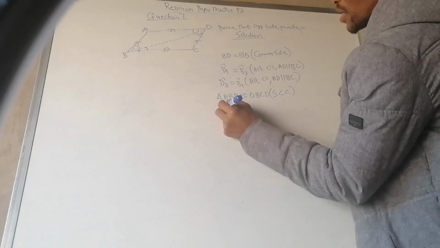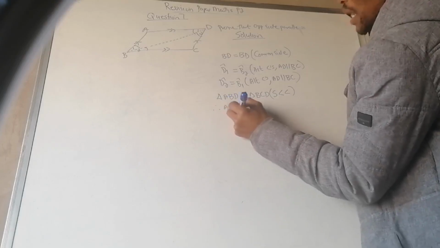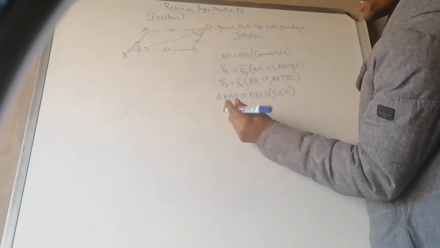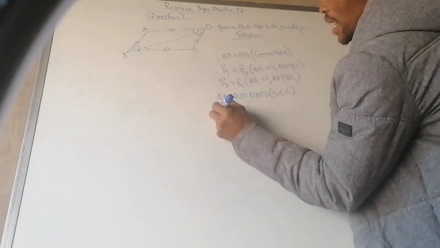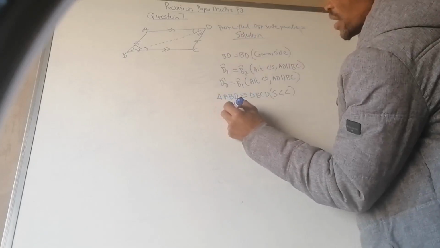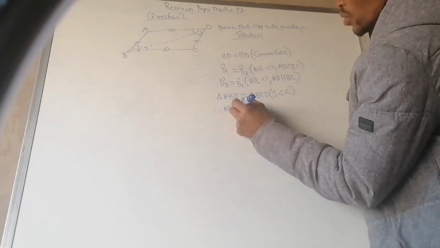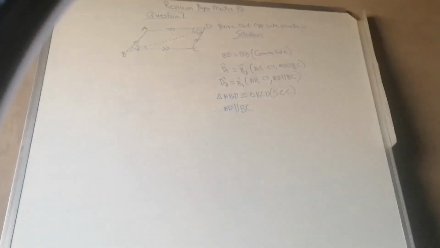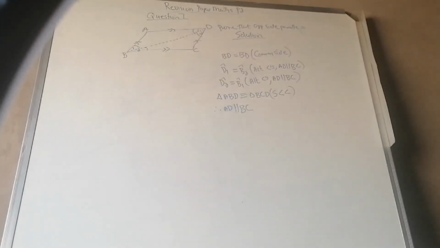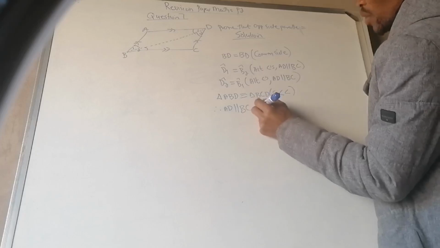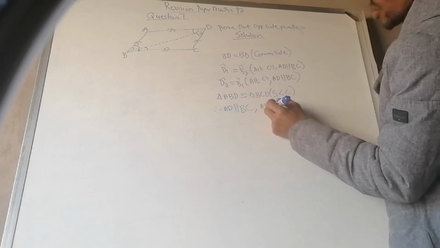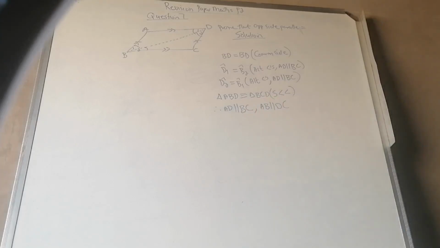Therefore, AD is parallel to BC. That can be my conclusion. Therefore AD is parallel to BC, and also AB is parallel to DC. Those can be my conclusions.